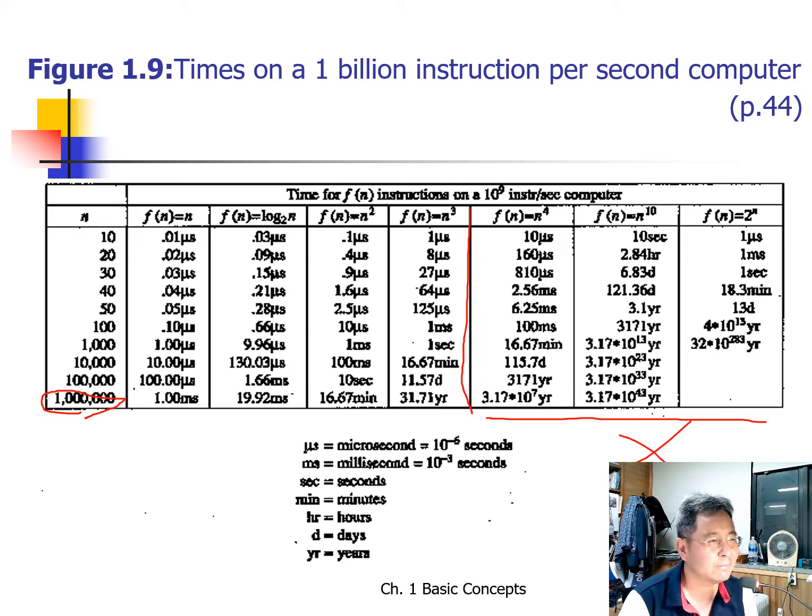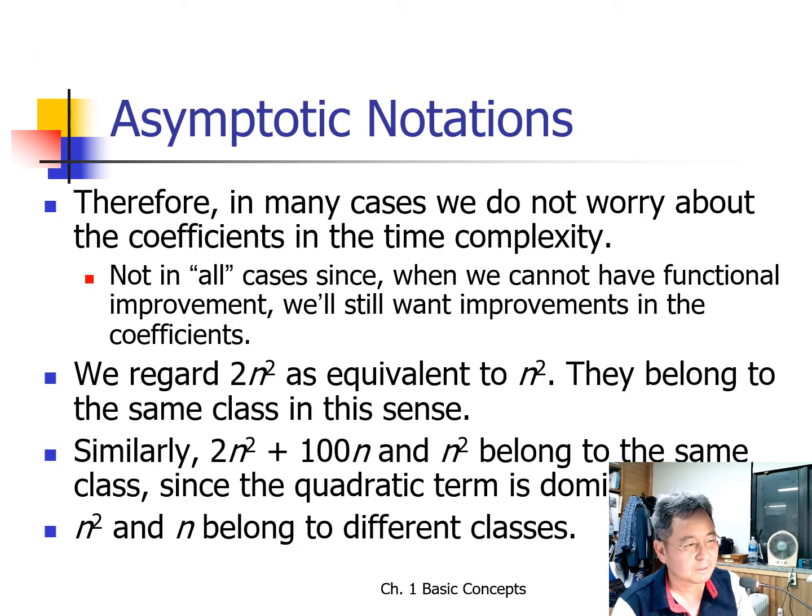It takes very, very long time, so we cannot use those algorithms. So we need some asymptotic representation of time complexity for each algorithm. We need new symbols to represent asymptotic notations.